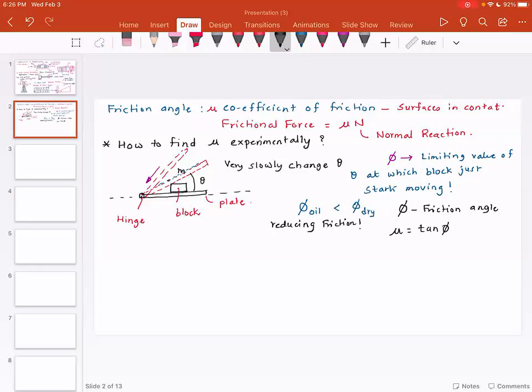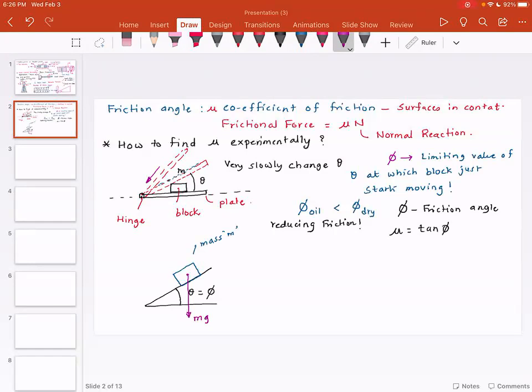So what I'm going to show is the case when you have this limiting angle. So theta is equal to phi. And I'm going to draw a block here. Block has the mass m. It has the gravitational force mg going down.